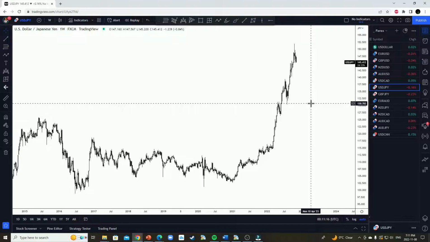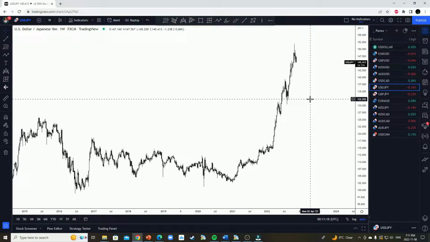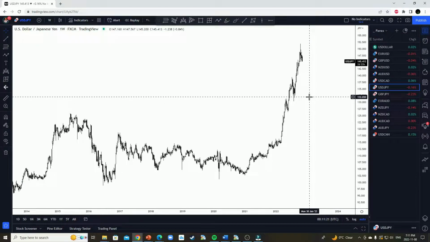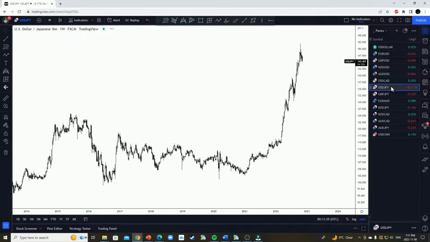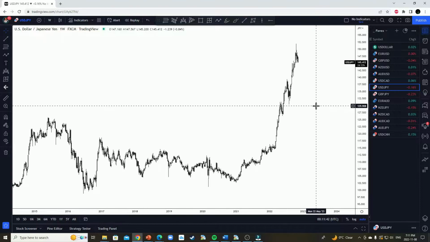This is exactly an example of that, but also in relationship with other crosses. Right now I'm playing the US dollar, and I use the USD/JPY because it is the one that was the most aggressive to the top, so the most susceptible to a reversion to the mean. So that's basically this trade over here.